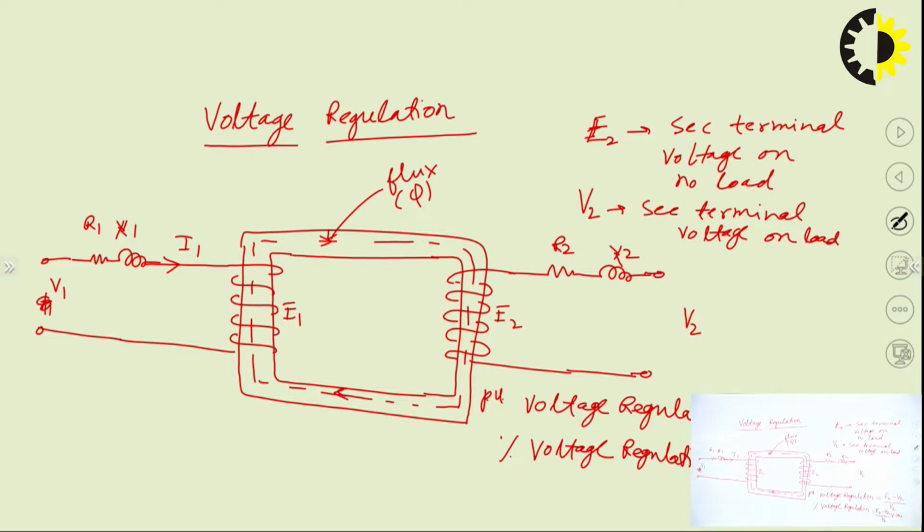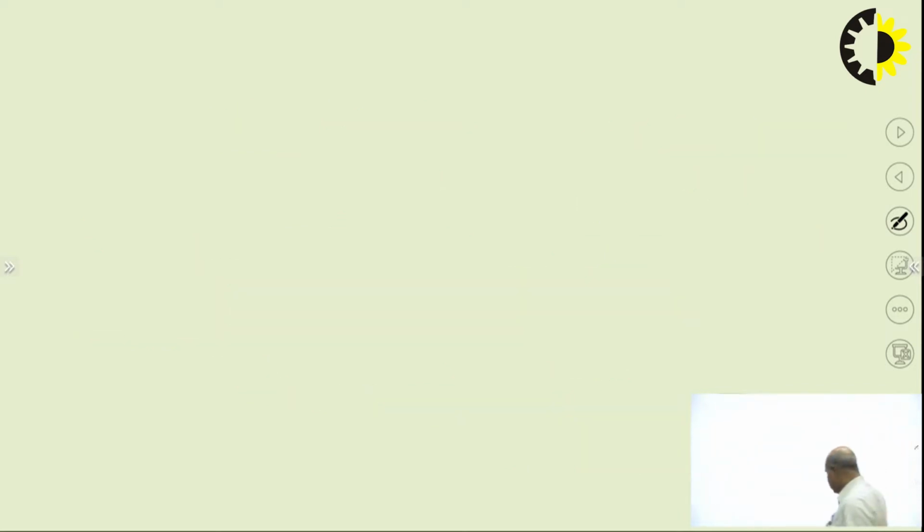This will be explained with the help of phasor diagrams. But before coming to voltage regulation at different natures of the load power factor, we will see how it varies with load current, or with load.